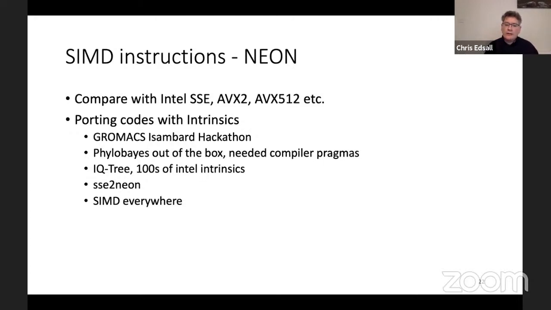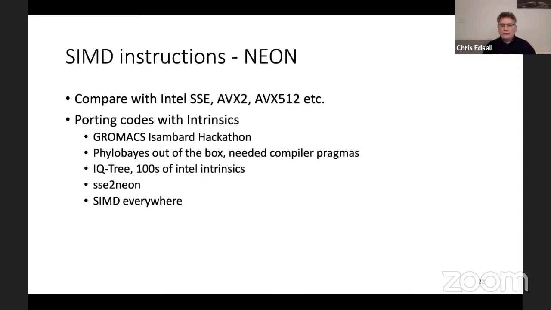Just locally, we had a program called PhiloBase that didn't need source code modifications. We were able to get that to build just by changing some compiler pragmas. Another bioinformatics code, IQ-TREE, actually had hundreds of instances of calls to the Intel instructions, and those did need to be looked at by hand.